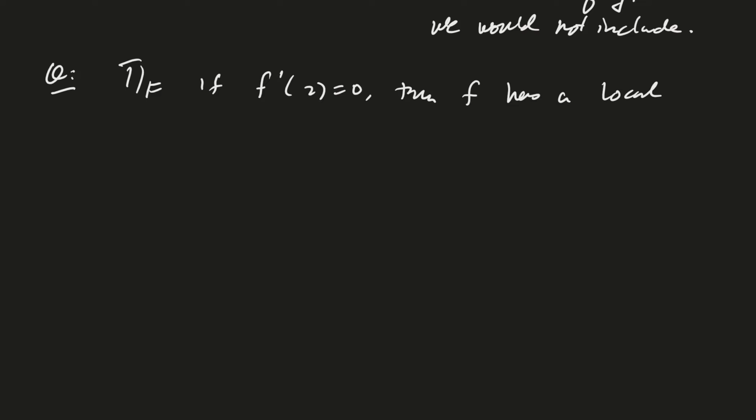Question: true or false? If f prime of 2 equals 0, then f has a local max or min at x equals 2. So the question is, you could really say this is, if f prime of a equals 0, for example, then does f have a local max or min? So one way to think about that, if you have the derivative being 0, that just means that the function is locally a straight line.